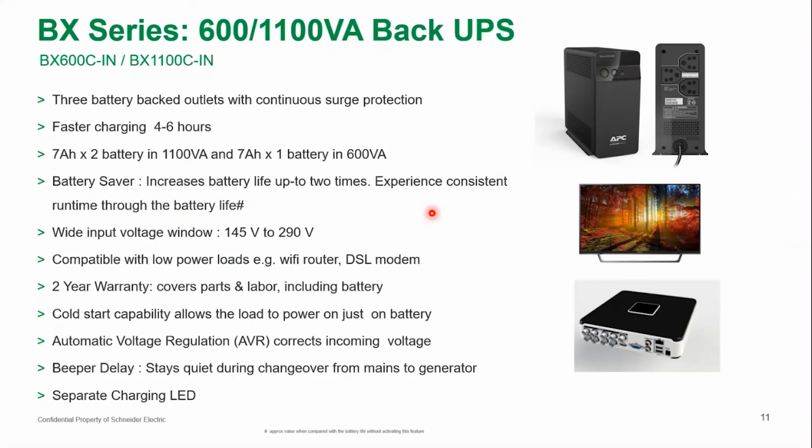So these are the models we have within 600 and 1100. We have the BX series. So the 600 is having one 7 Ah battery, and the BX 1100 is having two 7 Ah batteries.